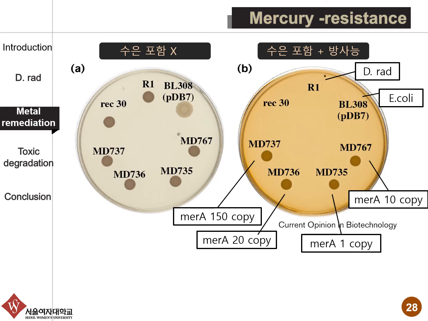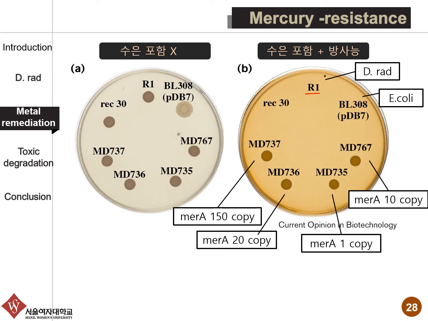And we also have a comparison with the metal remediation, with mercury resistance and gamma radiation together. So this is the control which applies no radiation, but you can see that all the bacteria can survive without the radiation.